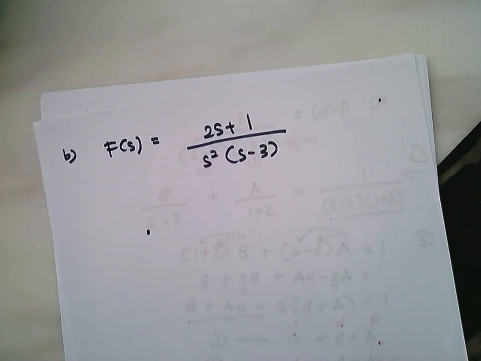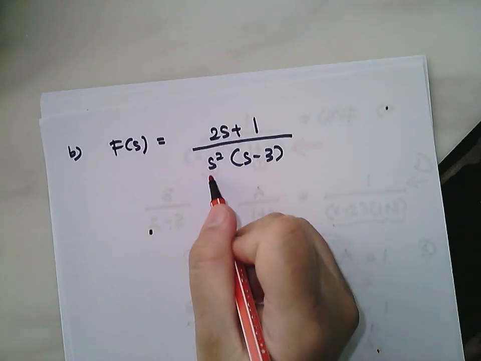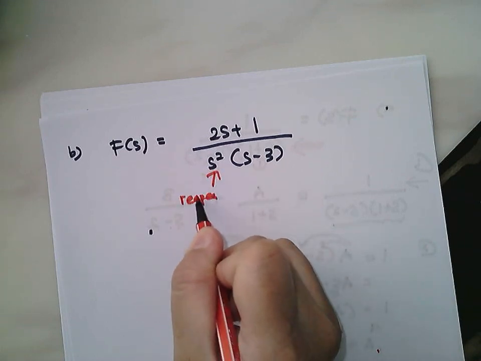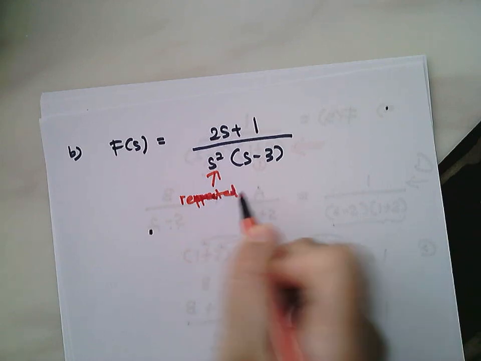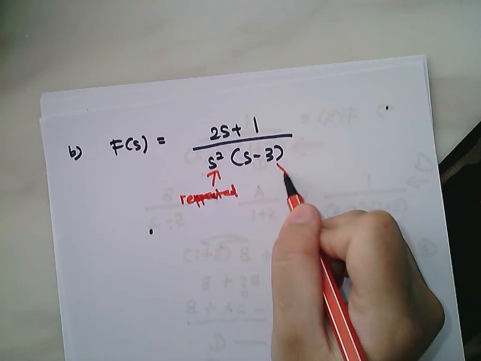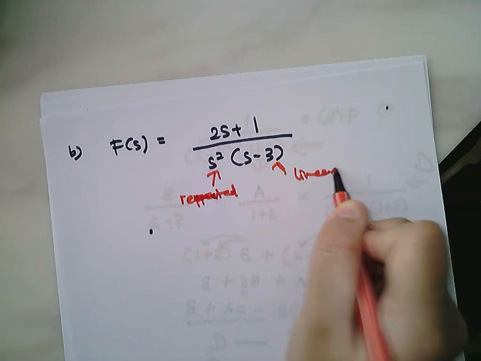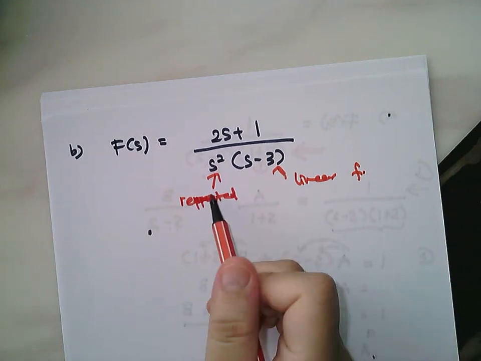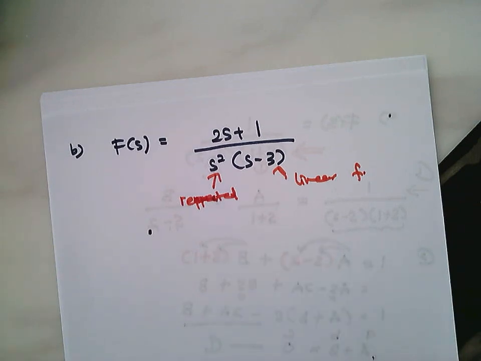You know that this one is a repeated factor, and this one is a linear factor. So this one is a repeated linear factor. So what will be your partial fraction?